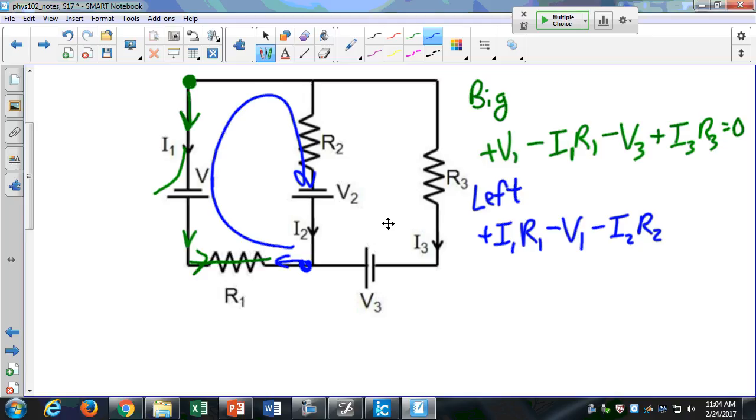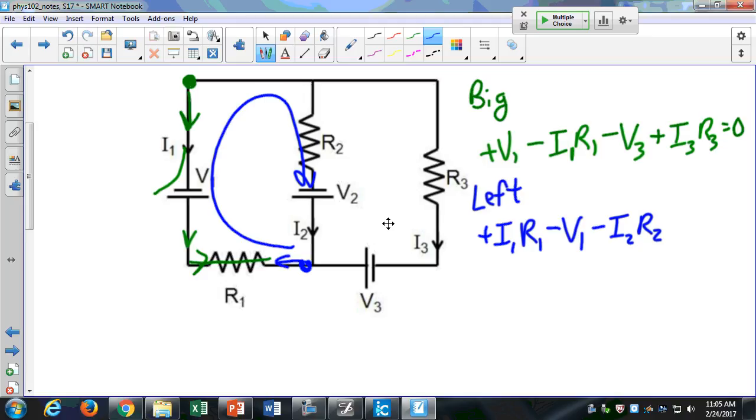Nope, now we're doing the left loop. So here we did the big loop, the big outer loop, and now we're doing the left loop. Is that clear? I think I understand where you're confused. Let me say this and see if it fixes it. You have different currents at different parts of the circuit.